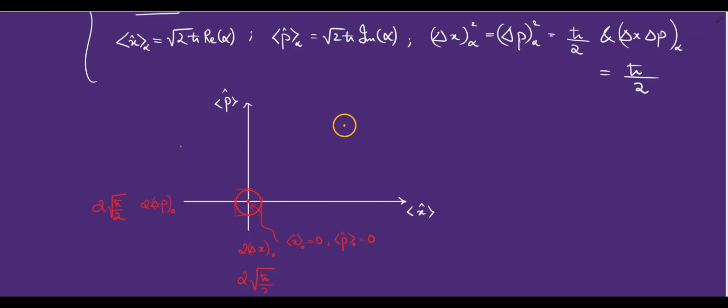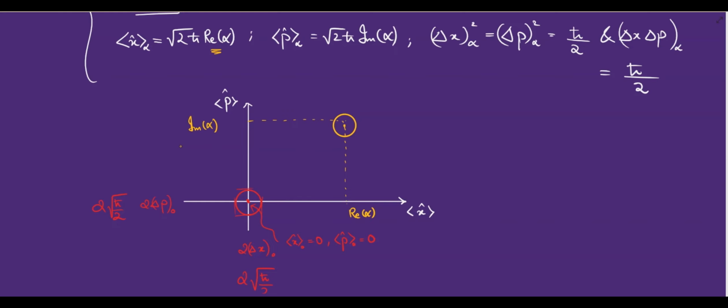The position of the center is directly proportional to the real part of alpha, as we saw here, and the position on the y-axis is directly proportional to the imaginary part of alpha.